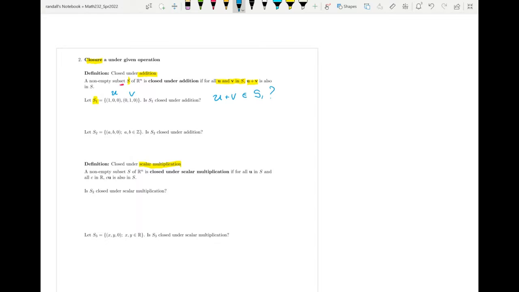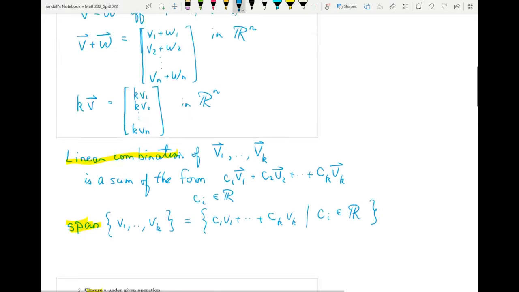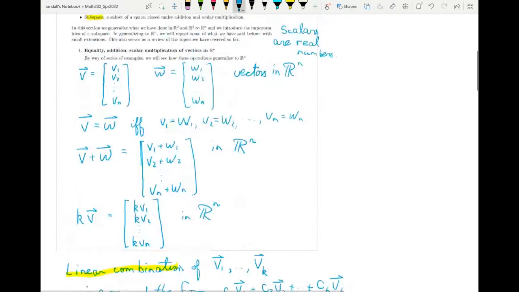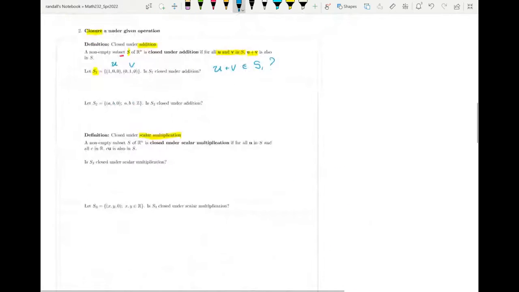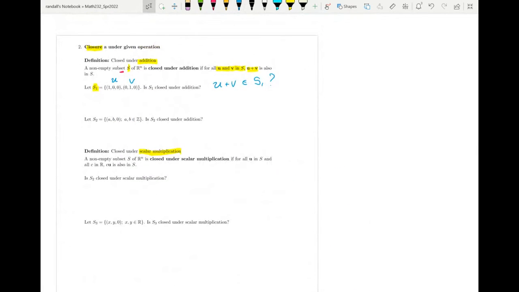Let's look at the components of u plus v. Notice there are two ways to write vectors in component form. This way as a row vector, and above I was writing them as column vectors, which is what you see in the textbook. But both of them are equal for us. We can write them in either way, and it depends on which is more convenient. Here it's going to be more convenient for me to write it in this row vector form.